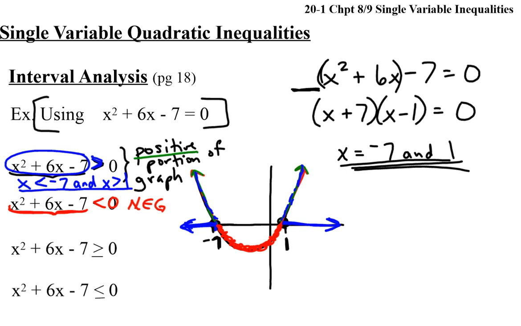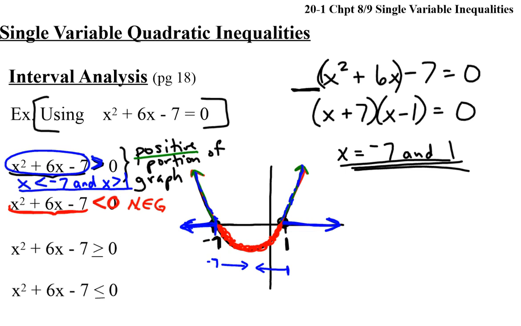So because we're trying to find x values, what are the x values that give us a negative portion of the graph? Well, that negative part of the graph occurs from -7 down and from 1 up. So that's the portion of the graph we want.